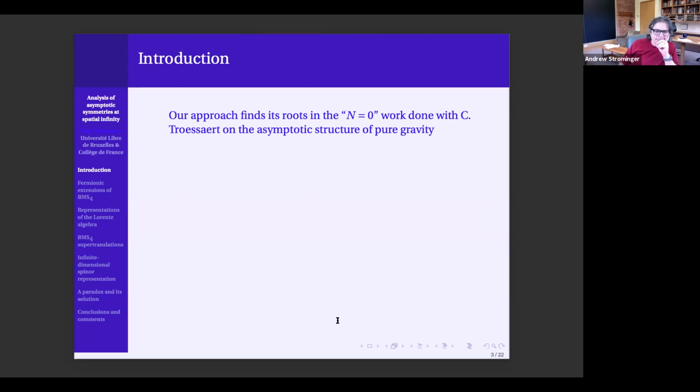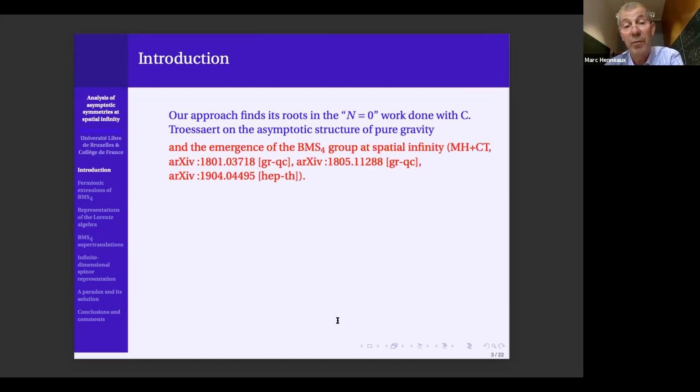And so the approach which we have followed is a discussion of asymptotic symmetries in the Hamiltonian formalism, where the fields are given on space-like hypersurfaces, Cauchy hypersurfaces, and we give decay rates at spatial infinity, and we want, with these decay rates, to see whether we can define charges and generate canonical generators for all the symmetry transformations, and what is the algebra in the Poisson bracket of these generators.